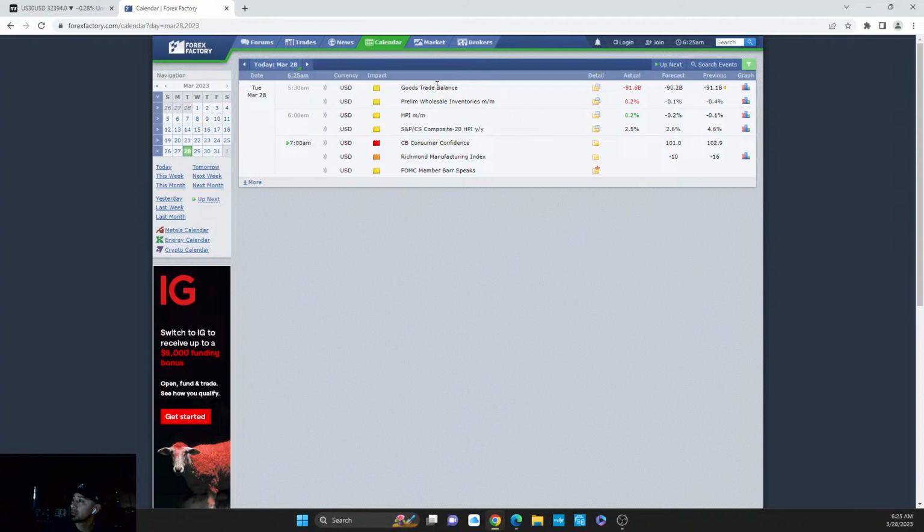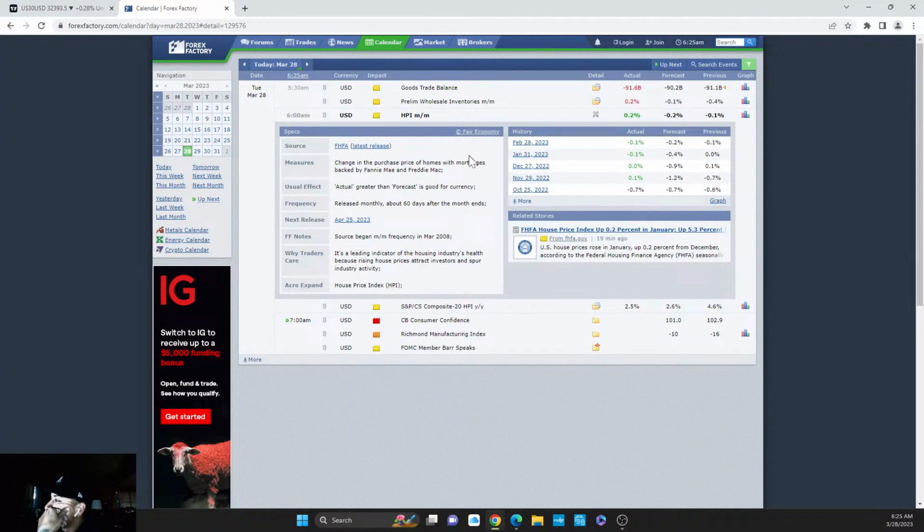I don't really pay attention to yellow folders, but we did have some other ones. What is HPI? Hold on a second. Okay, so it's changing the purchase price of homes with mortgages. So they're actually up.